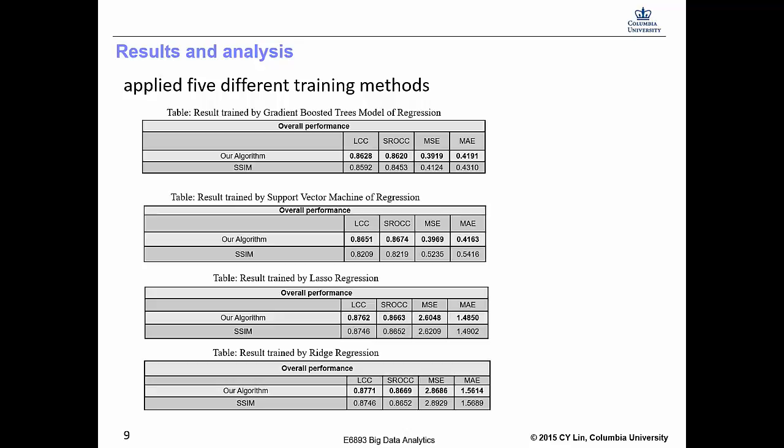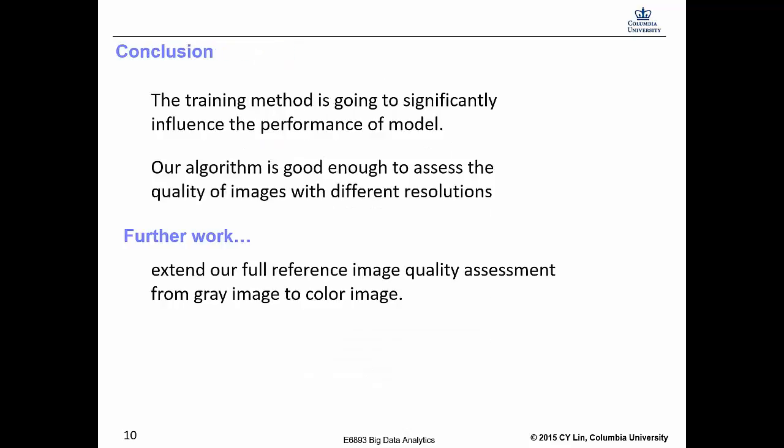But it is different when looking at lasso regression and ridge regression, both of which belong to linear regression. Although they are high in LCC and SROCC, they are high in MSE and MAE, which illustrates that the linear regression model is not a good choice for training an image quality assessment model.